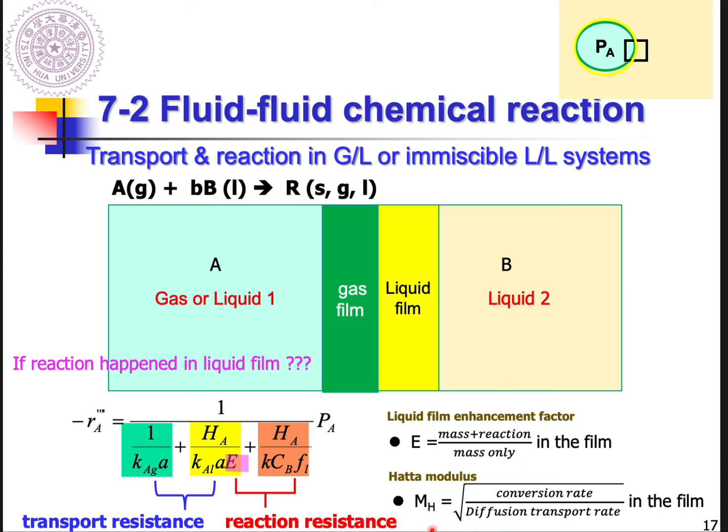So the value of MH is a key parameter to determine where the chemical reaction happens. And E is also very important because it describes how much A is consumed for chemical reaction in this liquid film layer. Okay.